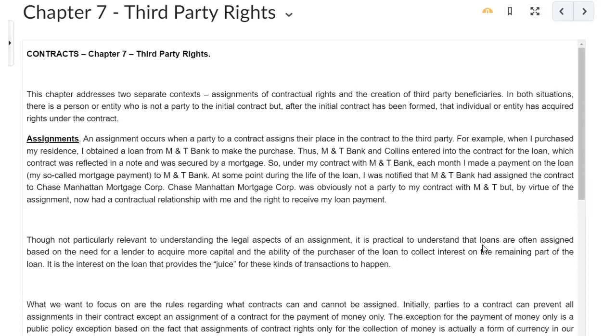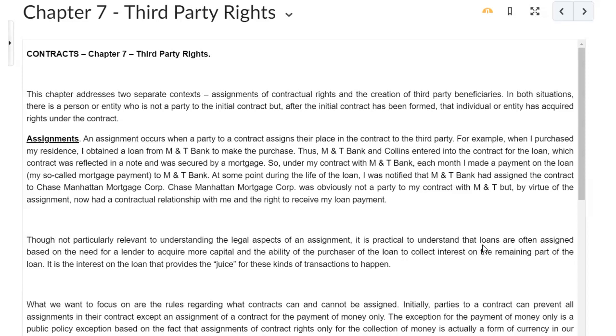When we talk about this topic of third-party rights, we're envisioning a situation where parties have entered into a contract. Let's keep it simple and say A has entered into a contract with B. And what we're going to find in certain situations is a party who was not a party to the contract, let's say C, is going to acquire rights under the contract, even though C was not a party to the contract.